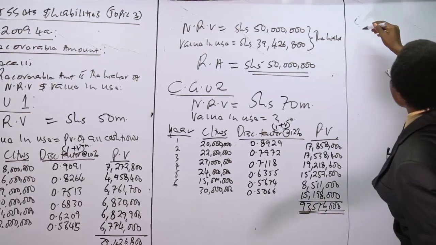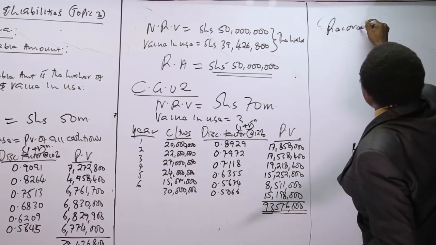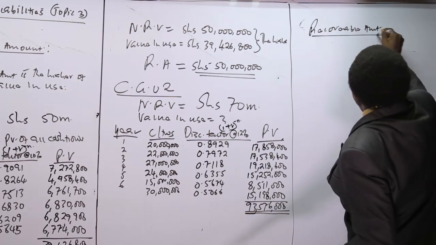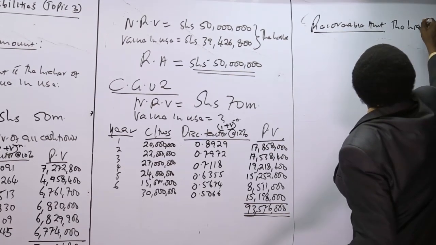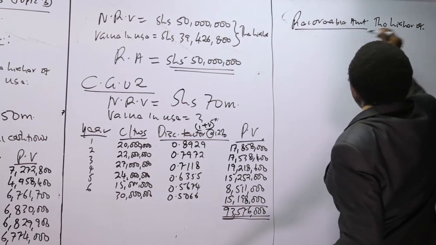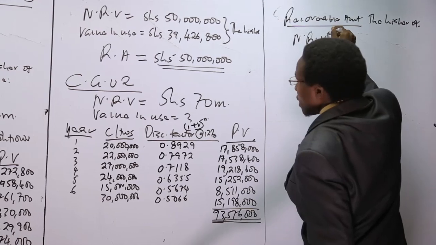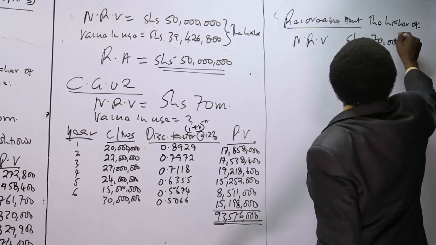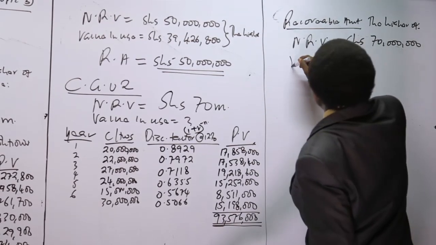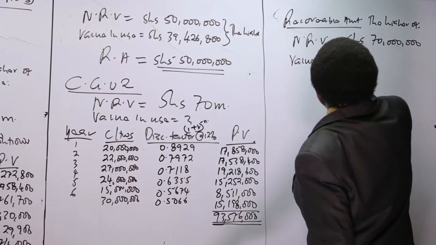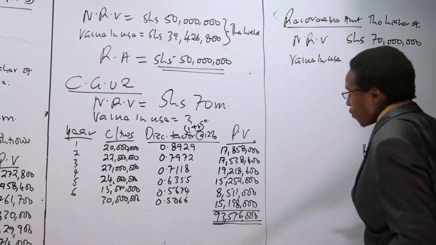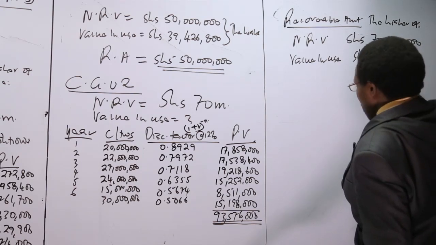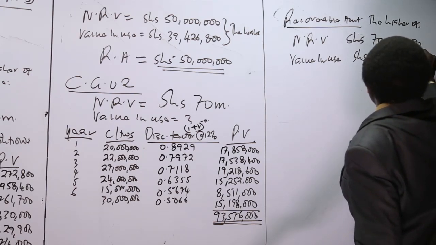The recoverable amount would be the higher of our net realizable value in cash generating unit number 2, which is shillings 70 million, and the value in use, simply the present value of the cash flows, which is shillings 93,576,000.